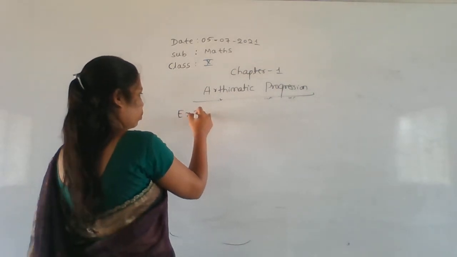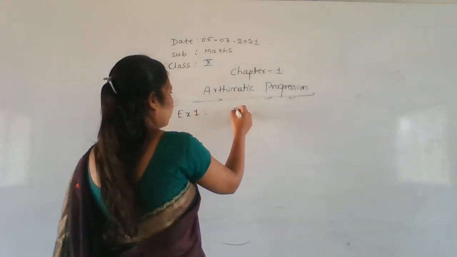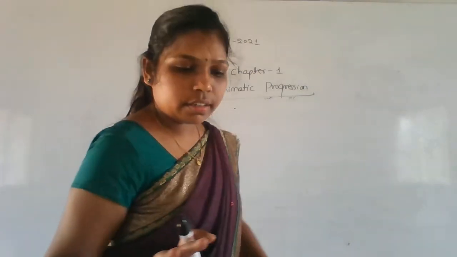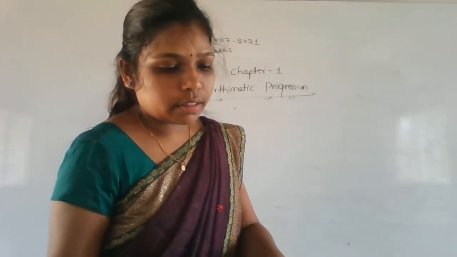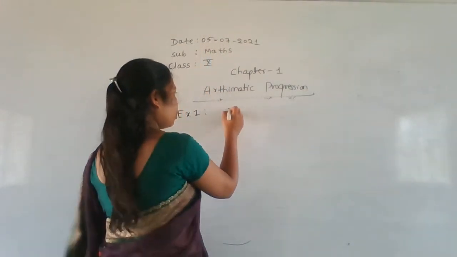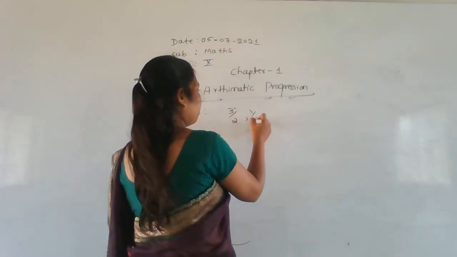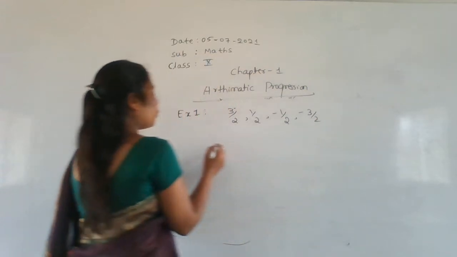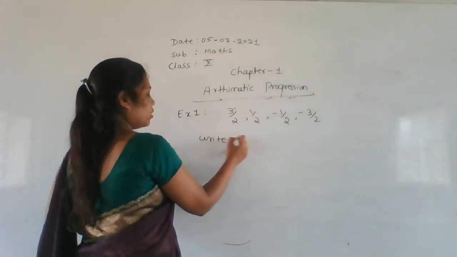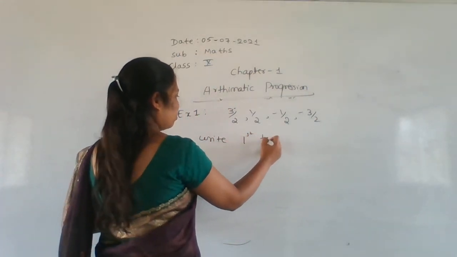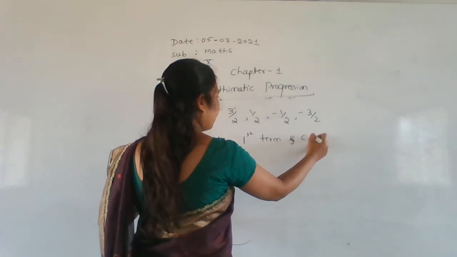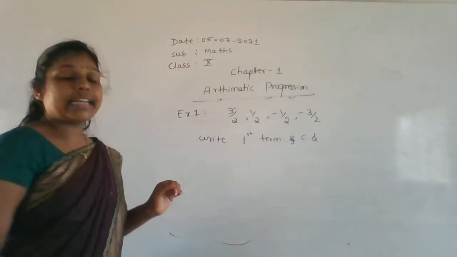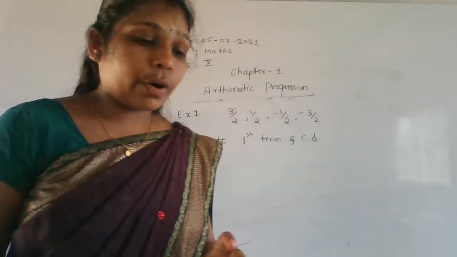Given 3 by 2, 1 by 2, minus 1 by 2, minus 3 by 2. You have to write the first term as well as the common difference.